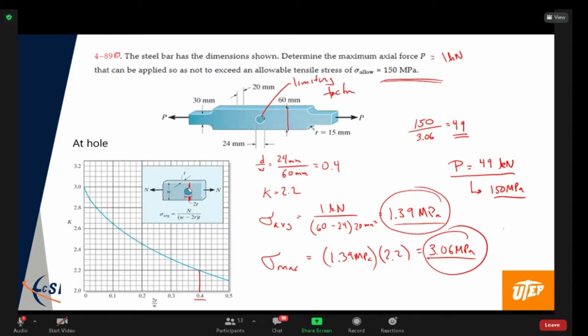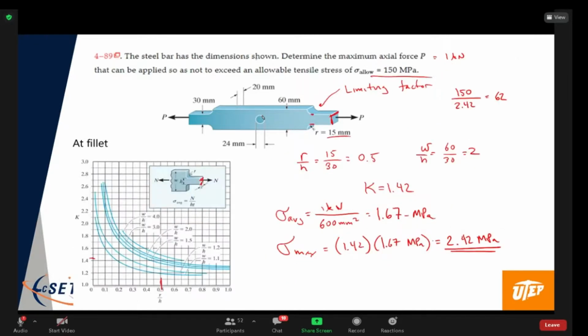And you can see that, right? Because the peak stress for 1 kilonewton at the hole is greater than the peak stress for 1 kilonewton at the fillet. So you could still do this, and what you're going to find is that if you raise the force P by a factor of 62, you will get the stress at the fillet equal to 150 megapascals. So if P equals 62 kilonewtons, this is going to give you a stress equal to 150 megapascals at the fillet.